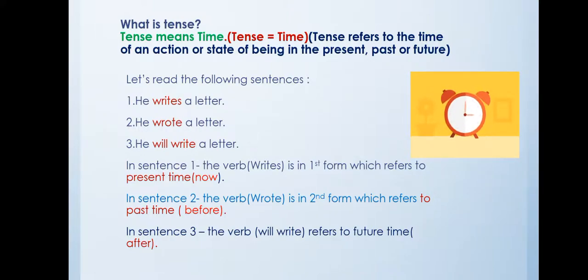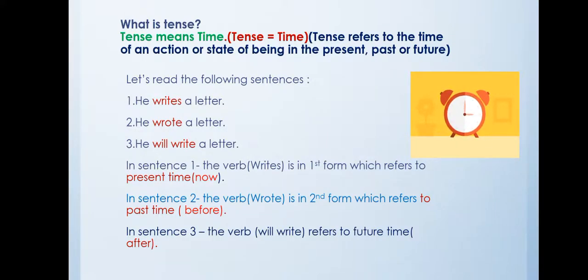In the second sentence, he wrote a letter. And in the third sentence, he will write a letter. In sentence 1, the verb writes is in first form or base form, which refers to present time, meaning now. In the second, the verb wrote is in second form, which refers to past time, meaning before.